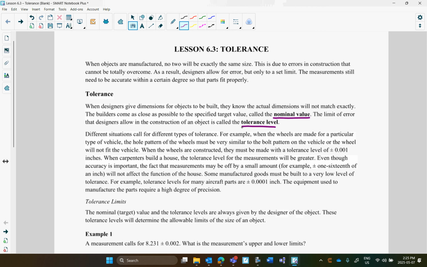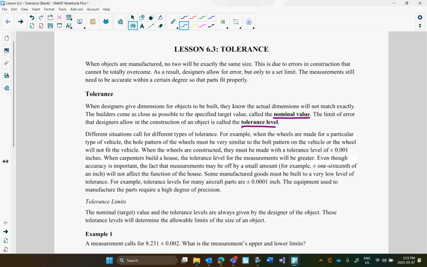So you can see we've got an example here where we've got wheels made for a particular type of vehicle, okay? So when you're putting the wheel onto your vehicle, obviously you want the holes in the tire to match the bolts that are on your vehicle. Otherwise, you're not going to be able to get your tires on, okay?